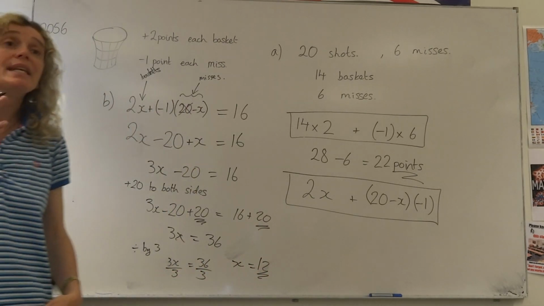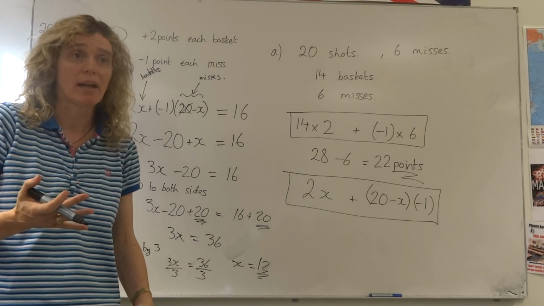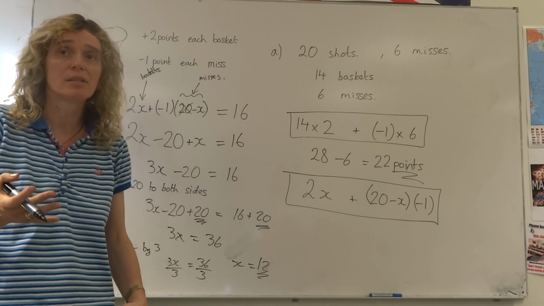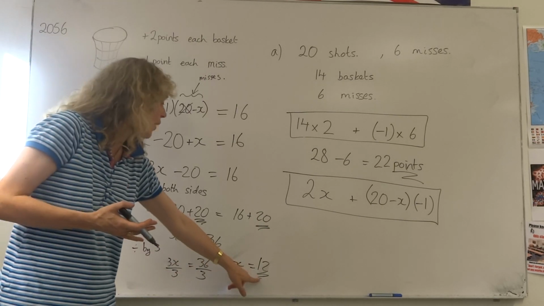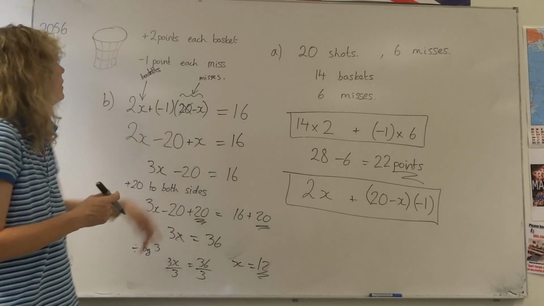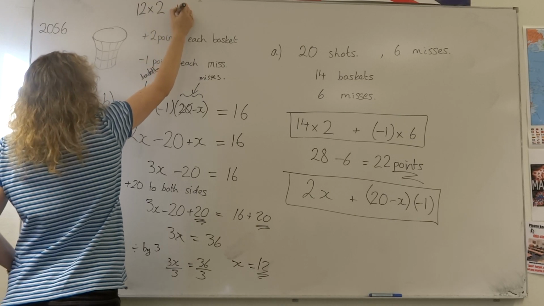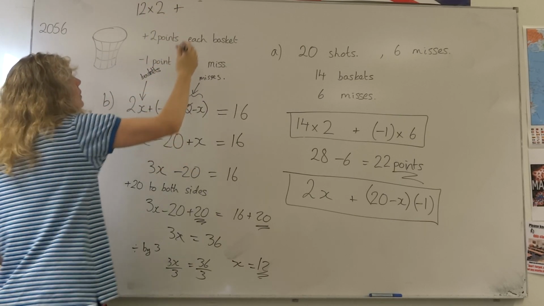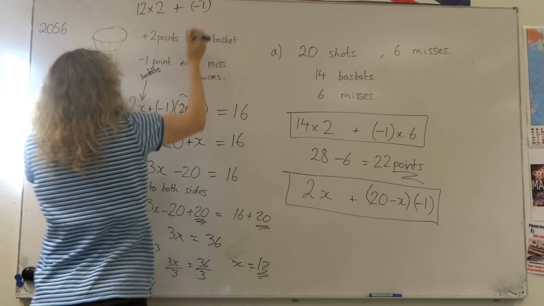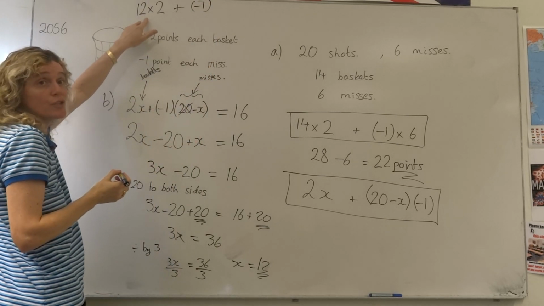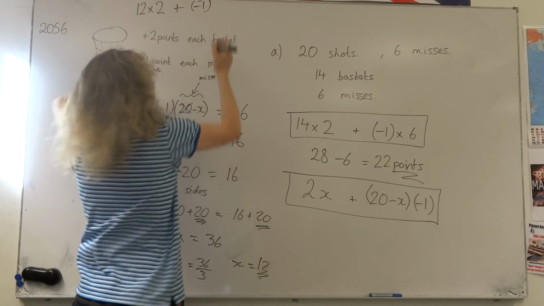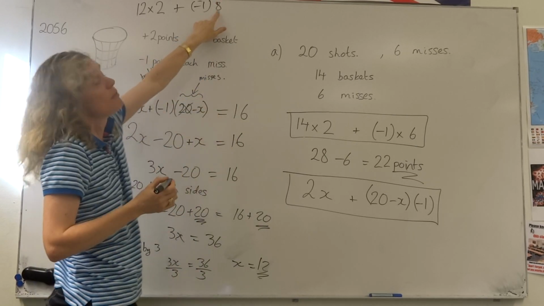With algebra, you're never finished until you've done the check. If you've done this right, when you put the number 12 into the formula of 12 times 2 points plus minus 1 times what's left over. If I've made 12 shots, that means I've lost 8. That's 20 minus 12.